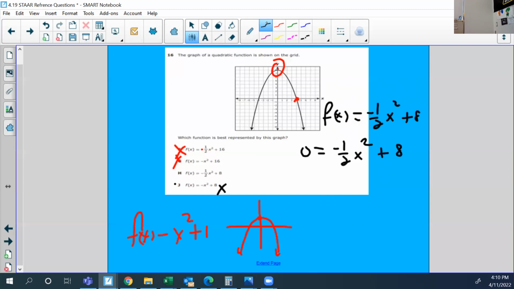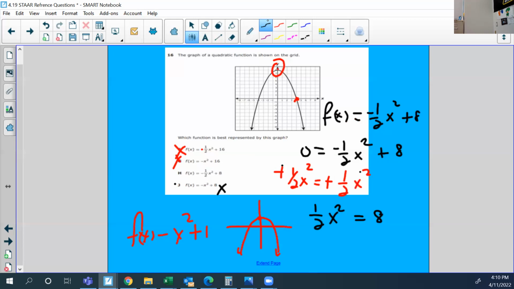I want my x value on the left side. This is negative 1/2 x squared, so if I want to cancel it, all I'm going to do is add 1/2 x squared to both sides. That gives me 1/2 x squared equals 8.